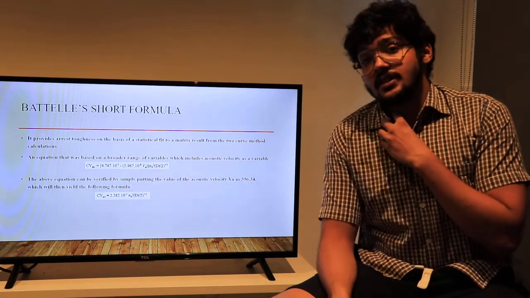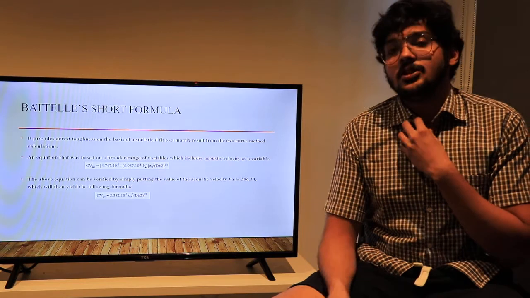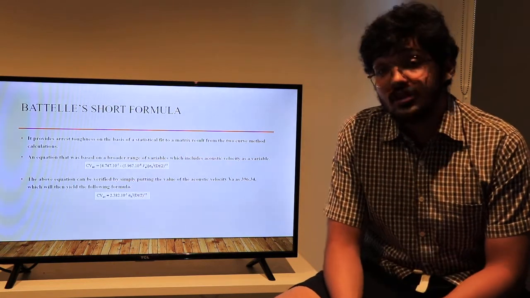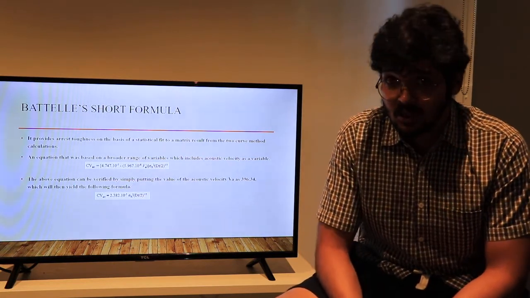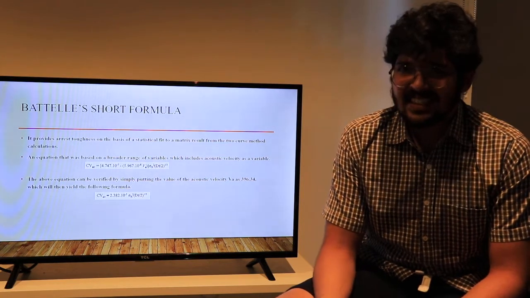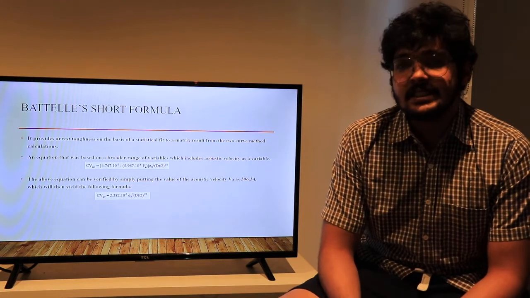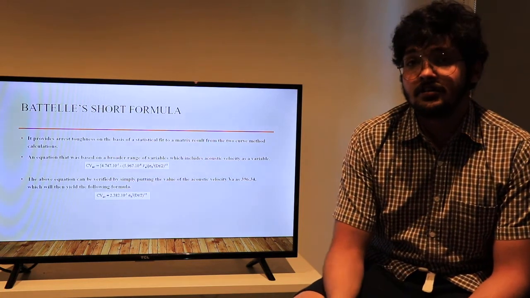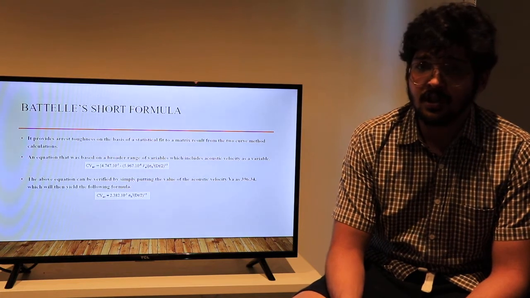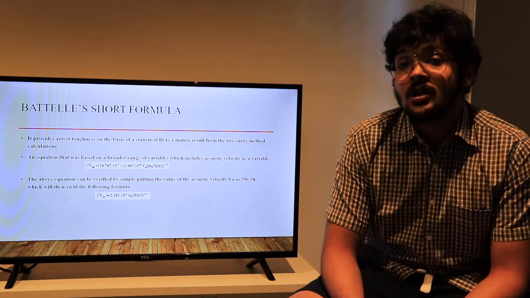Now, based on this, Patel came up with another easier equation, which is called the short formula. This is done because the earlier method, the two-curve method, was tedious, and it was basically tough to calculate the arrest pressure and to figure out the propagation of the fracture.